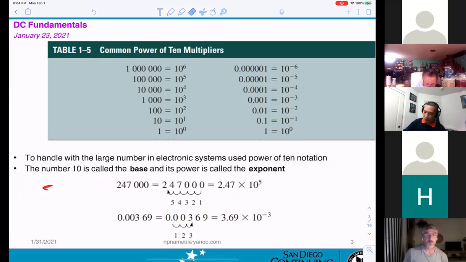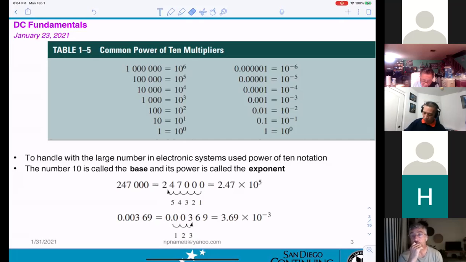Now you can see they give you an example, 247,000. They want it in power of 10 notation.